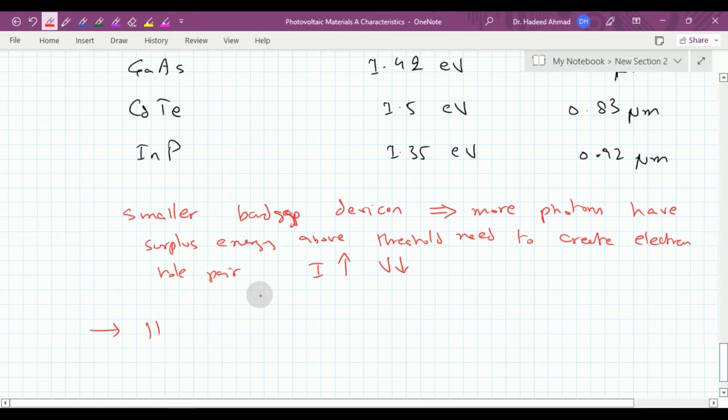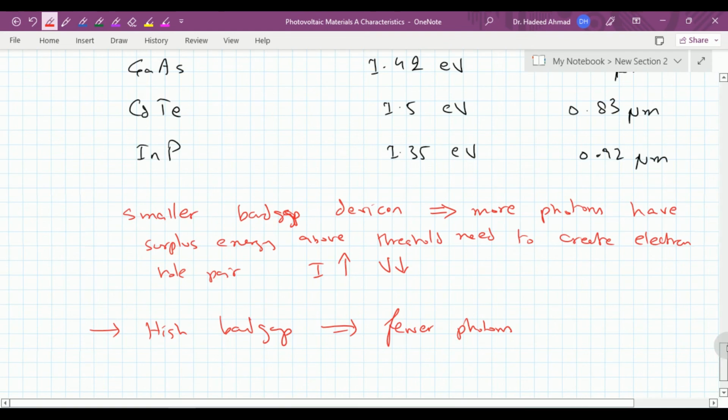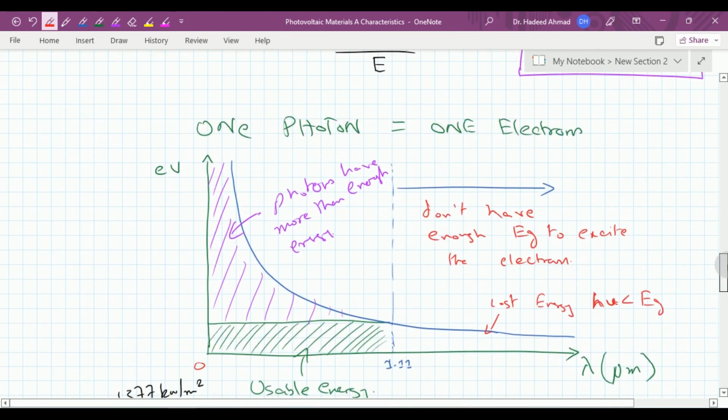Whereas high band gap means we have fewer photons, because only these fewer photons have enough energy to create the current carrying electrons and holes, and therefore the current is reduced. So the high band gap gives these charges a higher voltage with a lesser amount of energy dissipated.